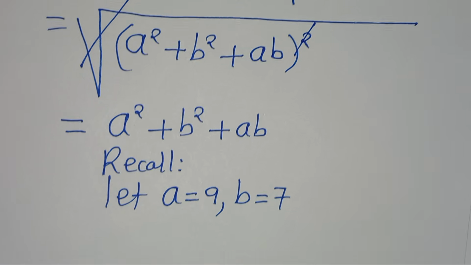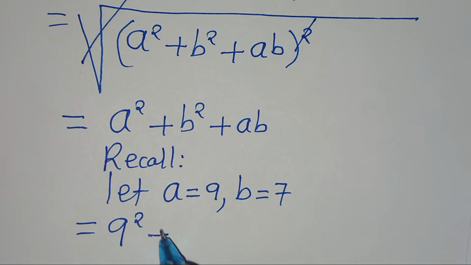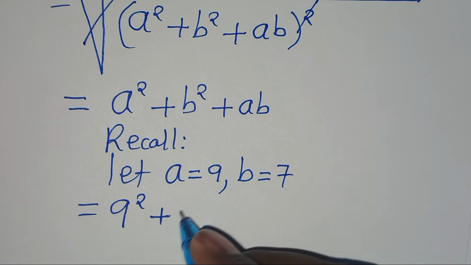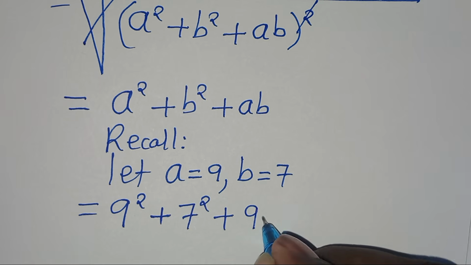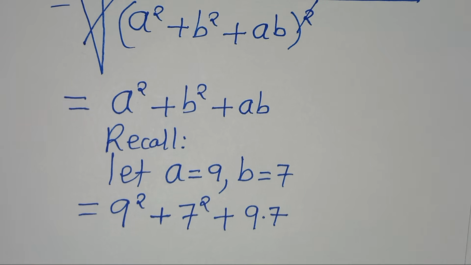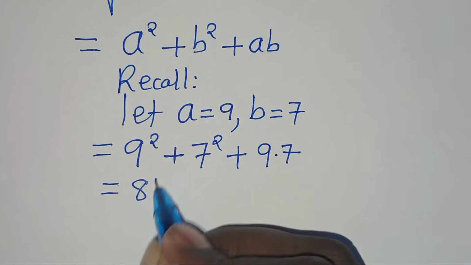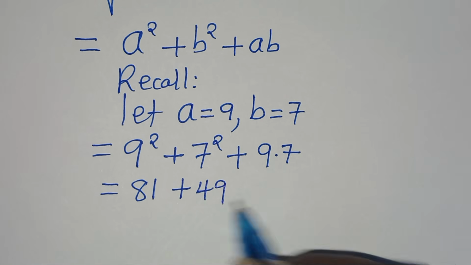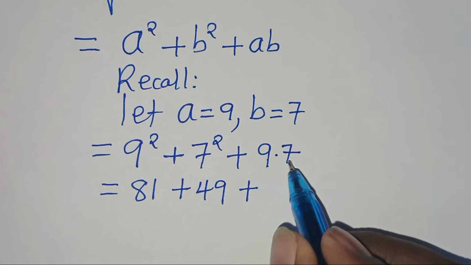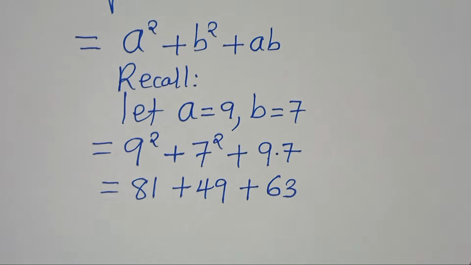So this means that here we have 9 squared plus 7 squared, then plus 9 multiplied by 7. So 9 squared is equal to 81, plus 7 squared, this is 49, then plus 9 times 7, this is the same thing as 63.